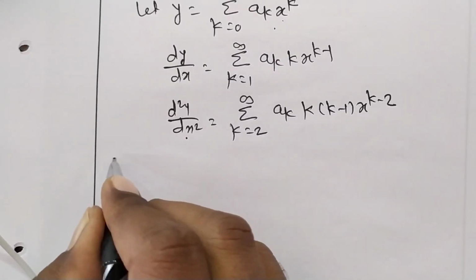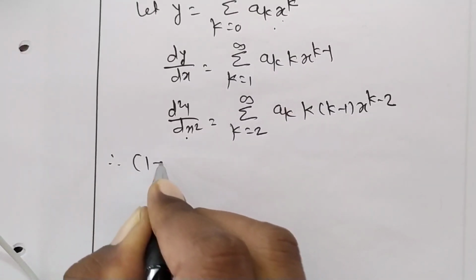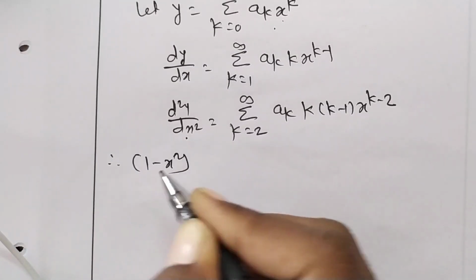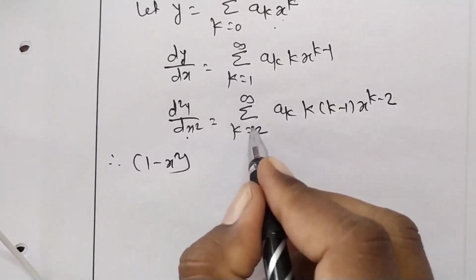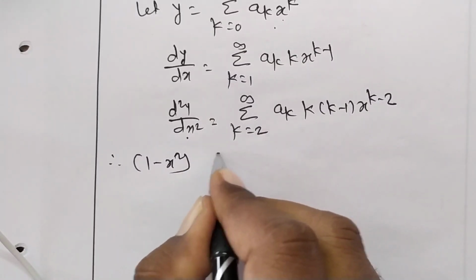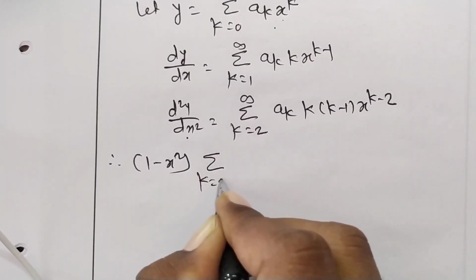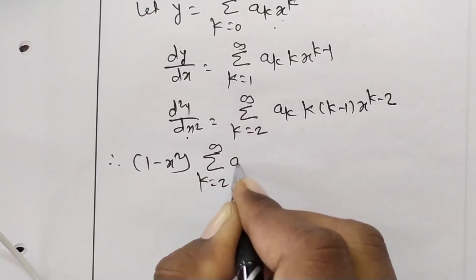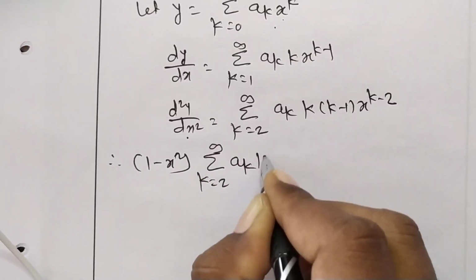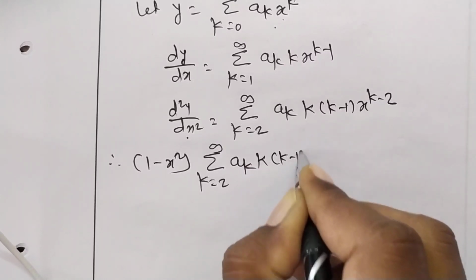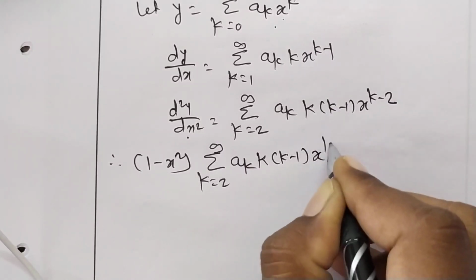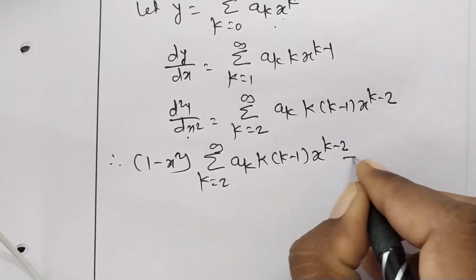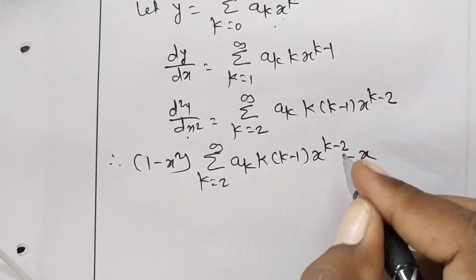Therefore the given differential equation becomes: coefficient of d2y by dx square is 1 minus x square. So 1 minus x square into the value of d2y by dx square, which is summation of k varies from 2 to infinity ak into k into k minus 1 x to the power k minus 2, minus x into dy by dx.